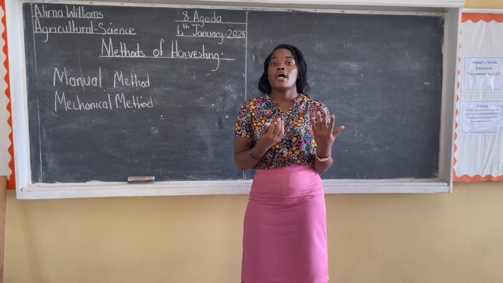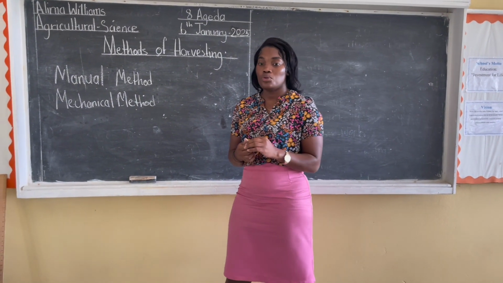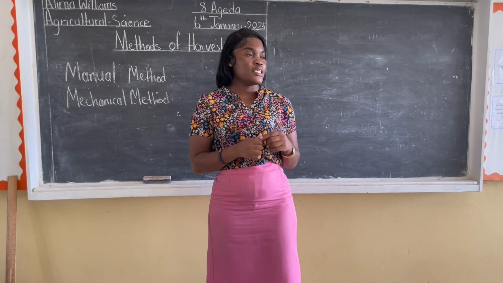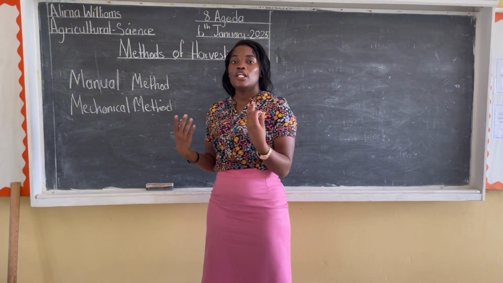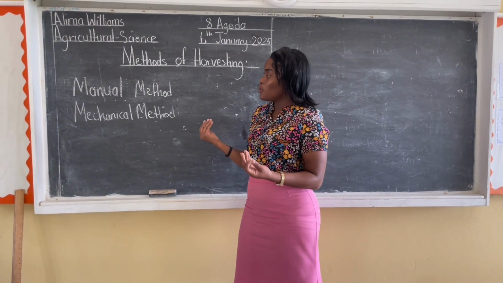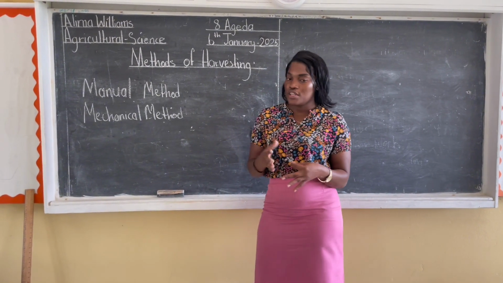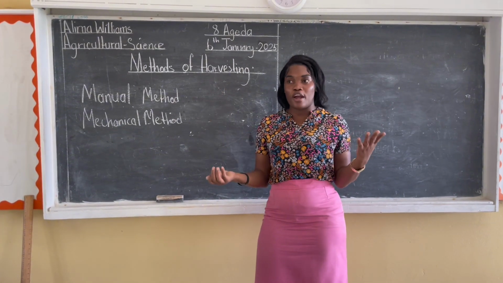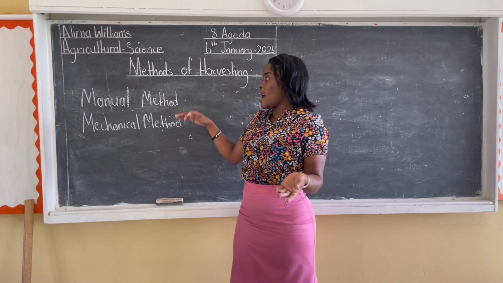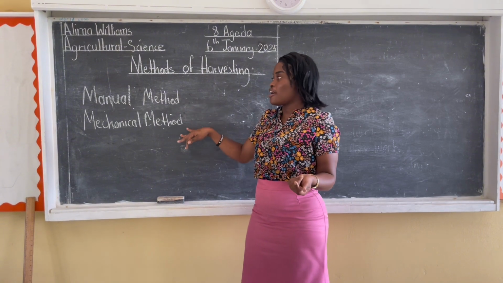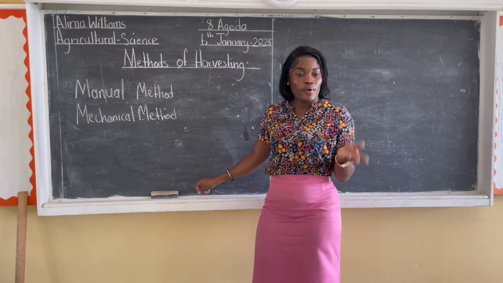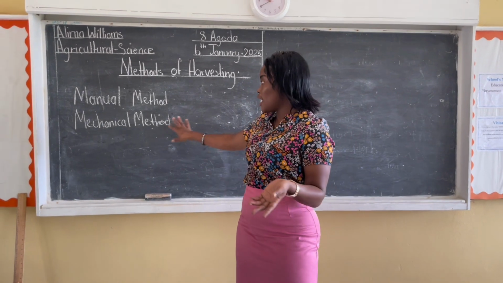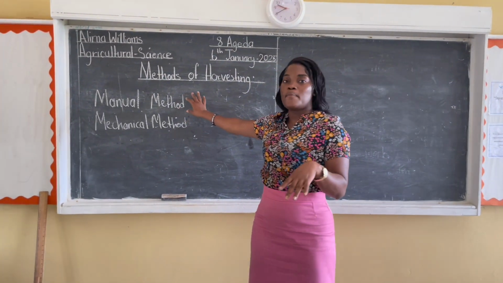Yes, you can use the manual way to do the sugar cane, but how long would a person take to harvest it? They'll take a longer time, right? So it is advised, based on the size of your farm, to choose either the mechanical or the hand method of harvesting.